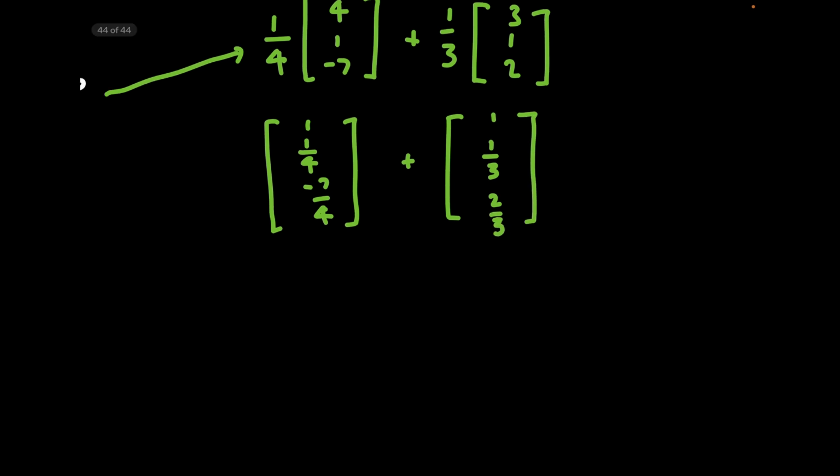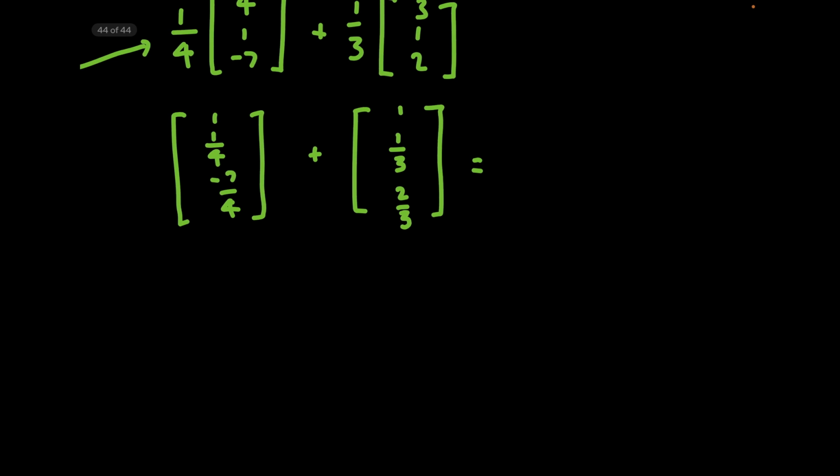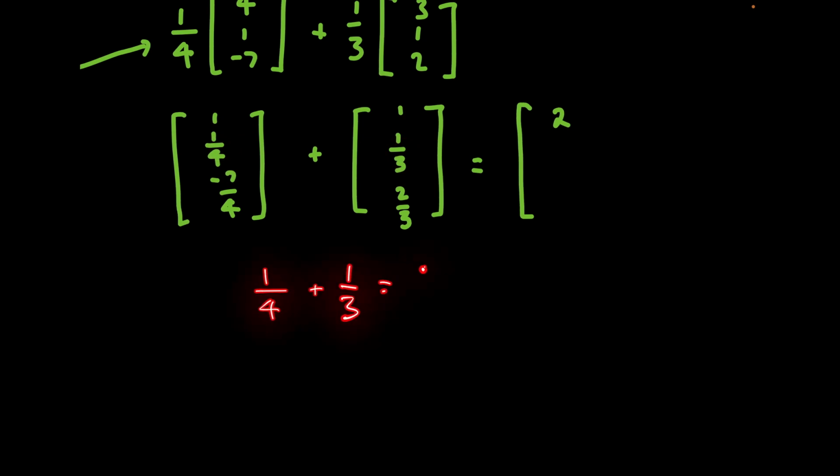So now we just have to add each of these matrices. When we add each of these matrices, we just have to add the corresponding elements. 1 plus 1 is 2. A quarter plus a third, you can do that very simply by hand. This is the same as 3 on 12 plus 4 on 12.